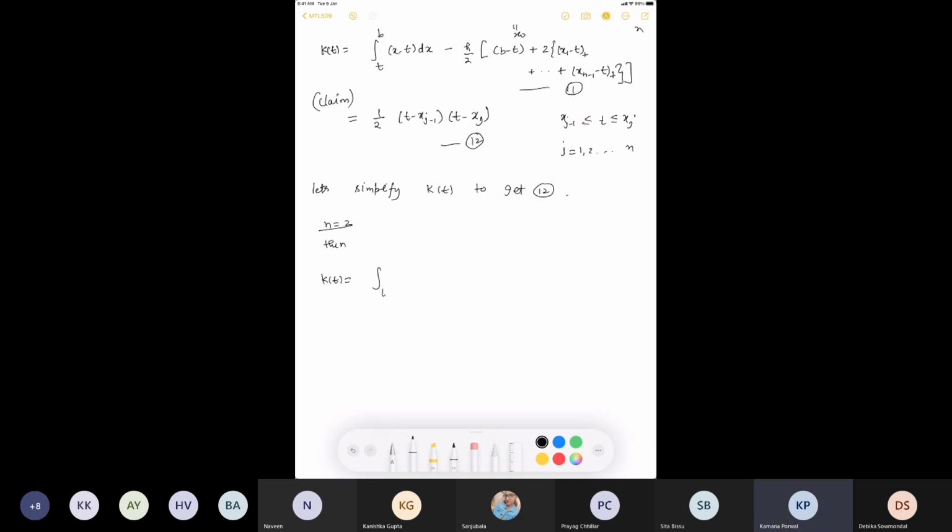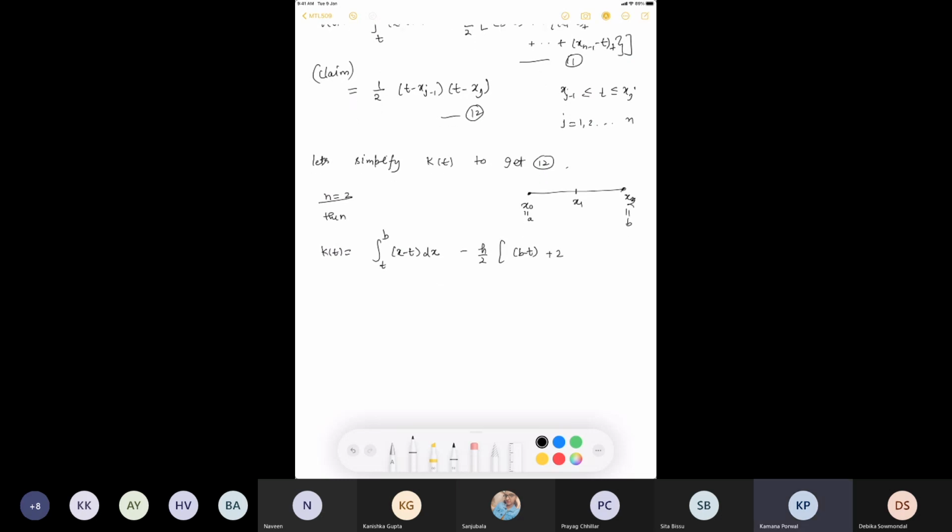It is going to be the integral from t to b of (x minus t) dx, minus h by 2 times (b minus t) plus 2 times... Note that n equal to 2 means I'm just having one point in between. So this is x0, which is a, x1, and then this is x2, which is b.